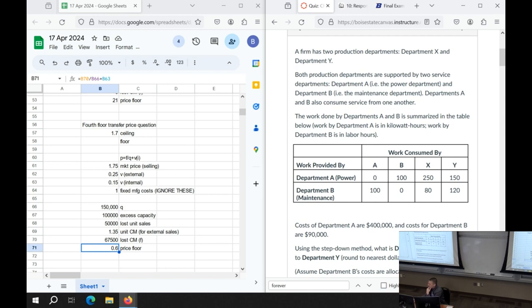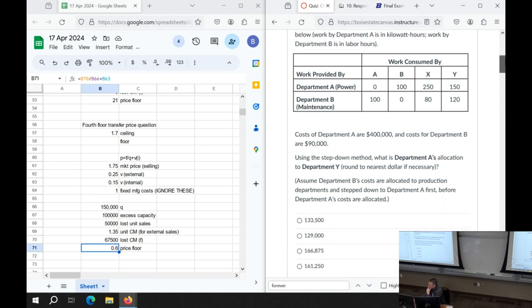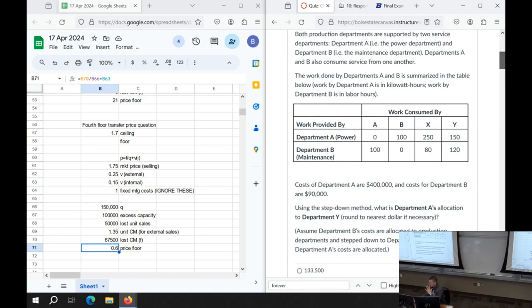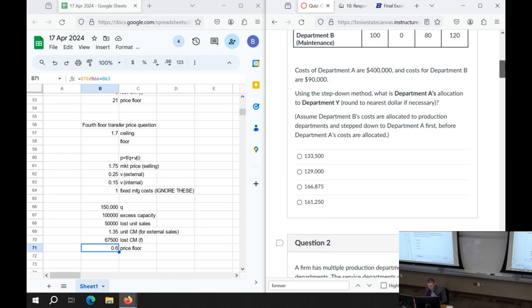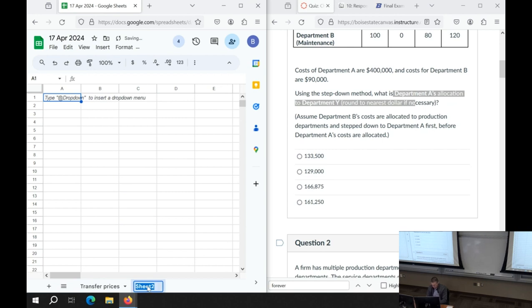So here's a step down question. I got an email today about this, I think this same question, so I remember what the correct answer is. But let's go through it together. At the end, it's asking for A to Y. So step down question 1.